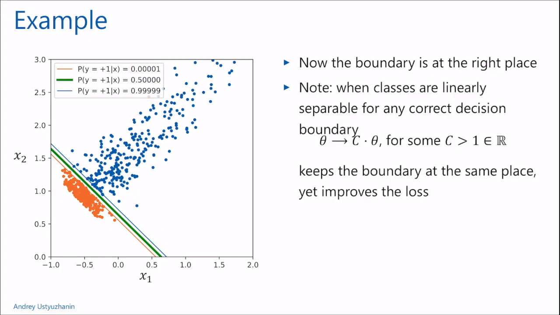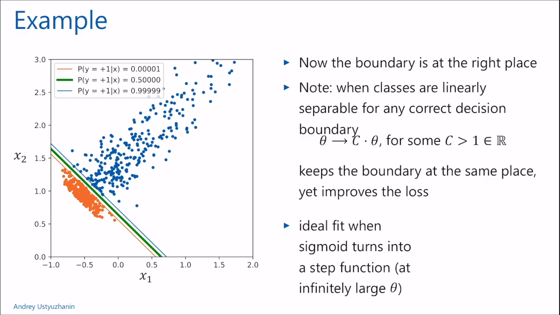When classes are linearly separable, for any correct decision boundary, we can see that any model of matrix theta can be changed to C theta for some C larger than 1, a real number. It will still keep the boundary at the same place, and it will also improve the loss.